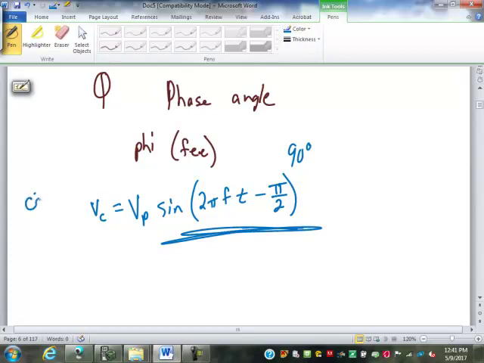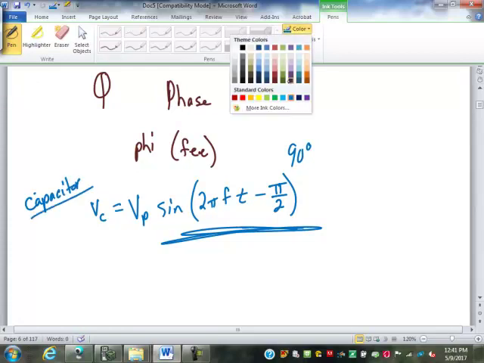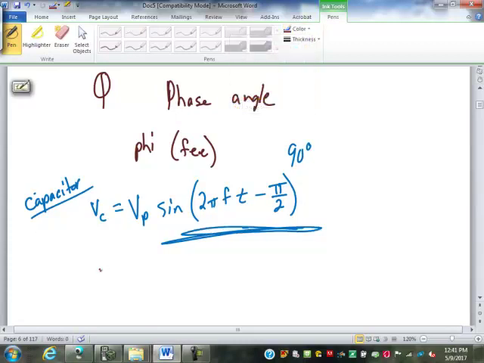That's the capacitor voltage. However, the current in a capacitor, oops, that should be current peak, not voltage peak, is plus pi over 2, or plus 90 degrees.